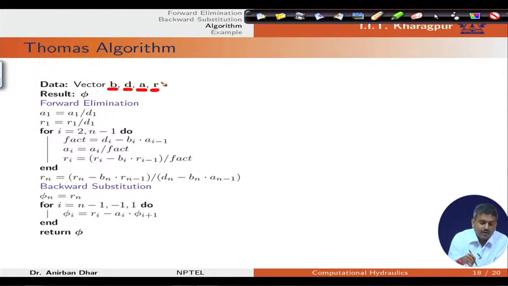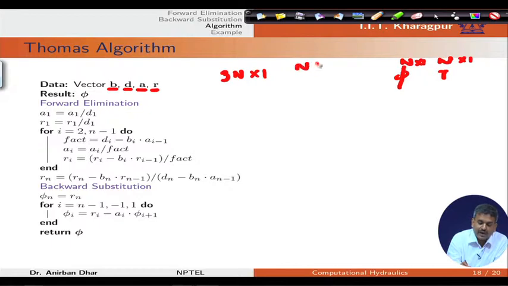Now, the size of these vectors is n each, so 3n for B, D, A, and for phi and R we use n each. These are column vectors, n cross 1. So, 3n cross 1 is the required storage structure.